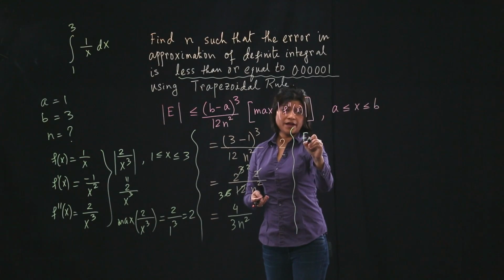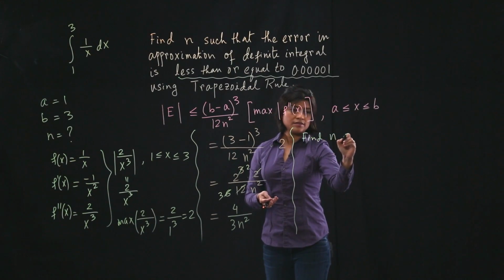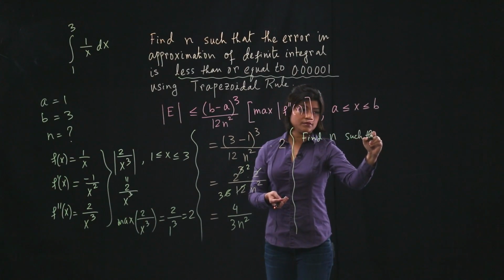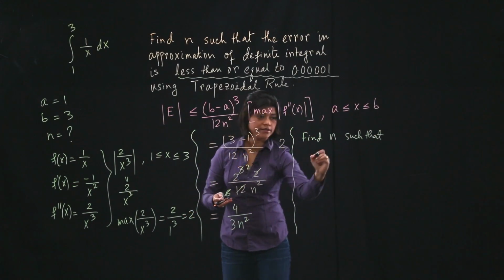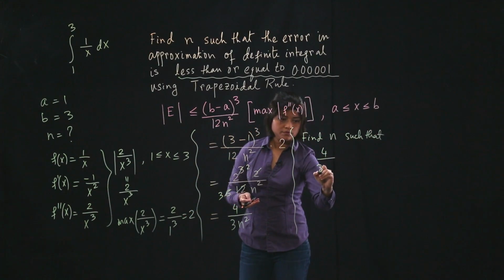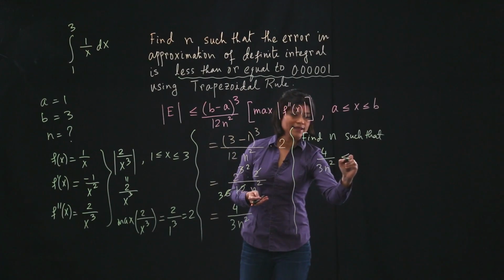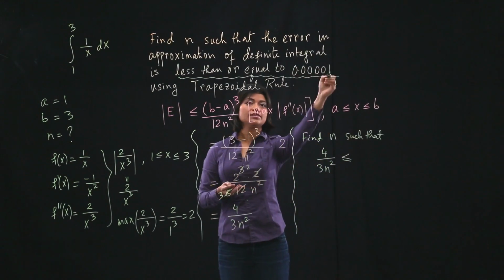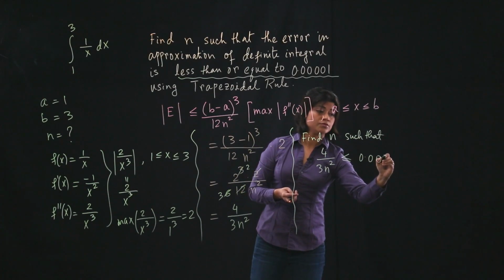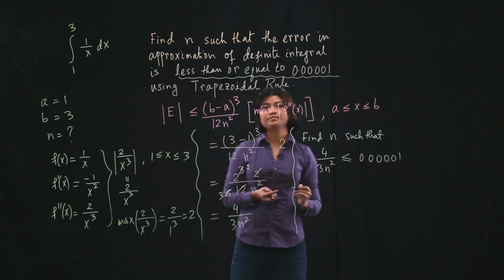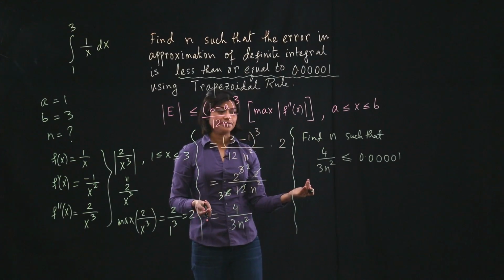We have to find n such that the error, this is the expression that we want, 4 over 3n squared, is less than or equal to this given value, 0.00001, and solve for n.